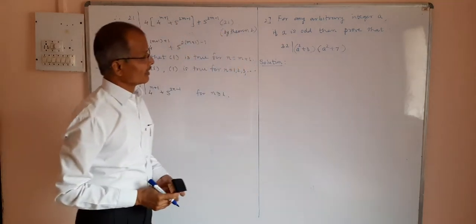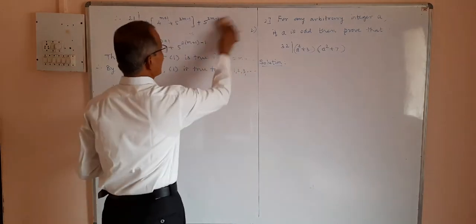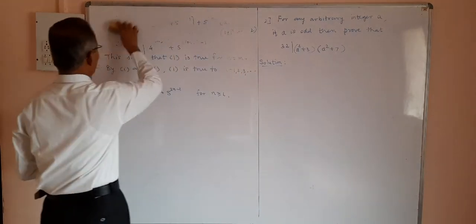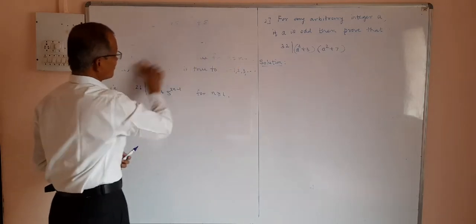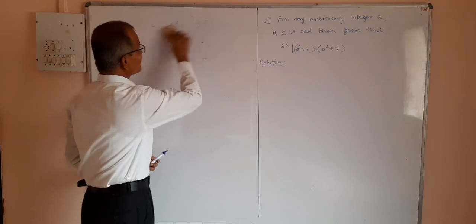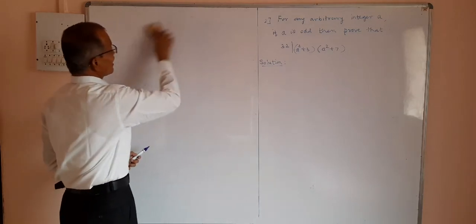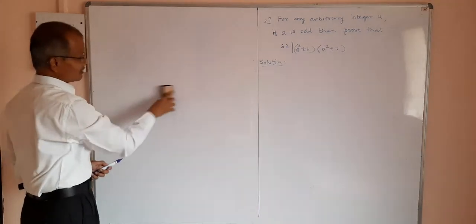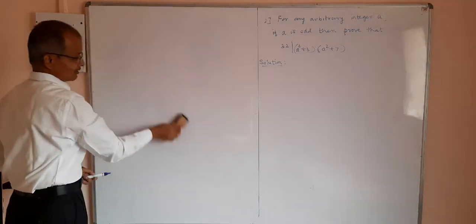A is odd. Any integer, by the division algorithm, can be written in different forms. Now if you divide by 4, what are the possibilities for the remainder? The remainder will be either 0, if it is divisible by 4, or 1, or 2, or at most 3.